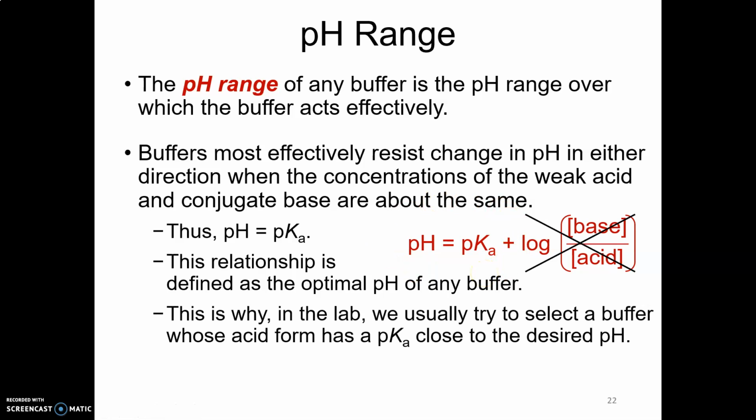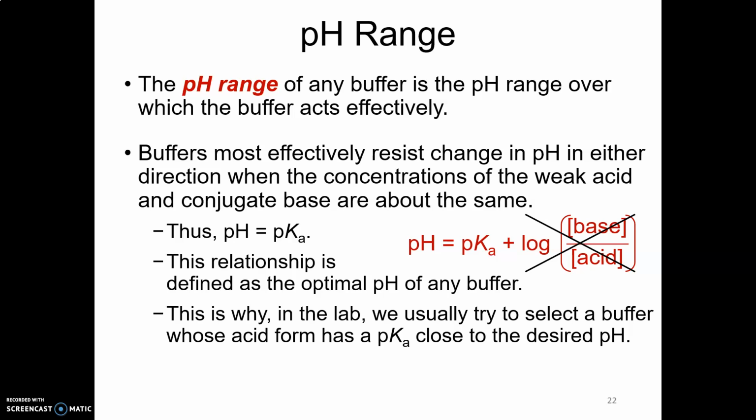And that's why when you're in the lab, we try to make sure that we choose a buffer that has a pKa close to the desired pH, because you remember those sample problems we were working on, this portion right here was not dramatically making the pH any different. The pH and pKa usually at most are 1 unit apart from one another. And in most of the problems we worked, it was less than 1.